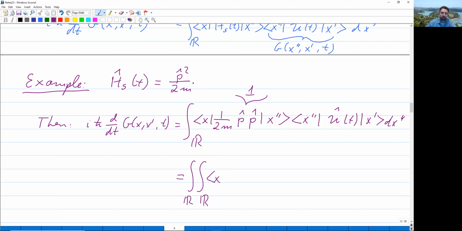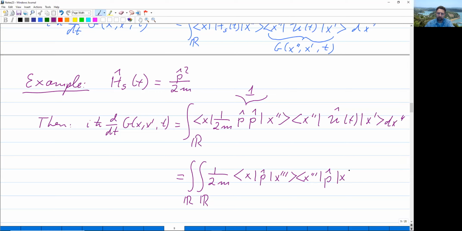So what do we have? Let me just write it like this. 1 over 2m. And then we have x, and then we have p hat, and then we have x triple prime, because of the new resolution of the identity. And that's why we have two integrals here. And then we have another p hat here.